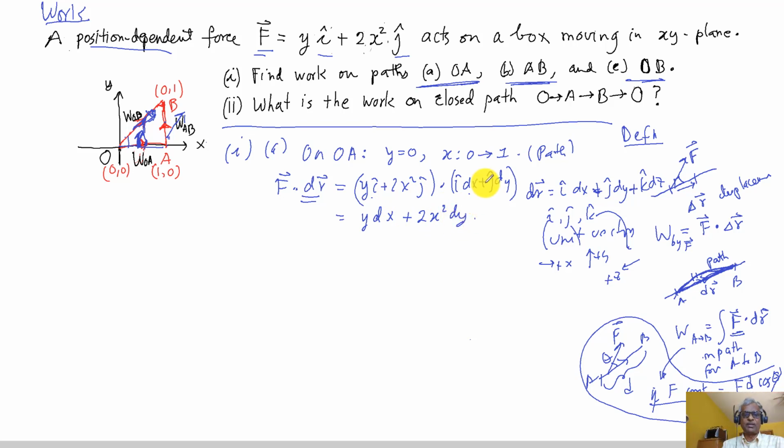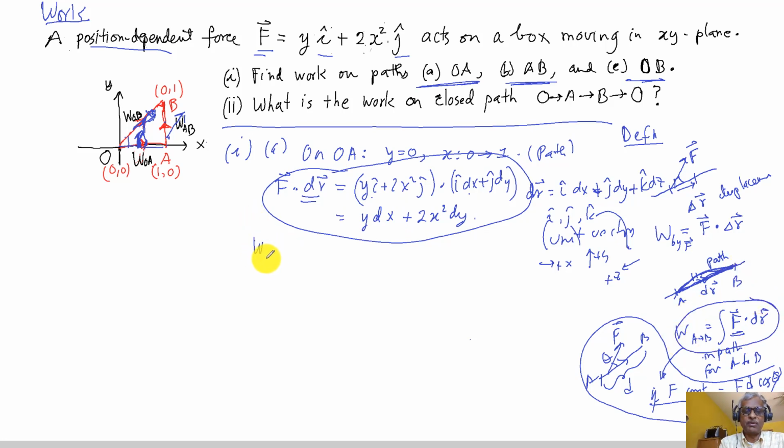Okay, because this is changing, I will think in terms of this integral. So W on OA will be the integral of this thing on this path: y equal to 0 and x goes from 0 to 1 of y dx plus 2x squared dy.